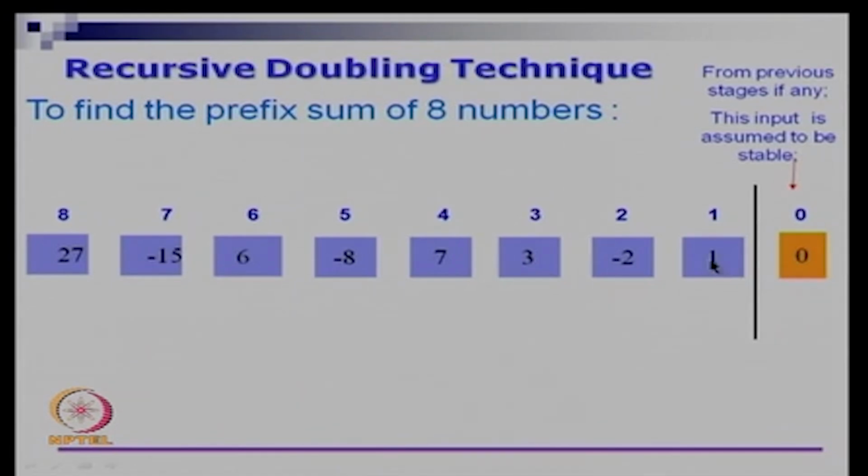That will make a of 1 to be 1, and take a of 1, add it here, that will make a of 2 equal to minus 1. Then take that minus 1, add it to a of 3, which is also 3, that will make this 2. Then take a of 4, add the result from here, so that will make it 9, and so on.